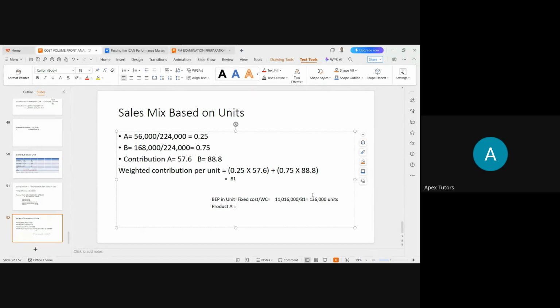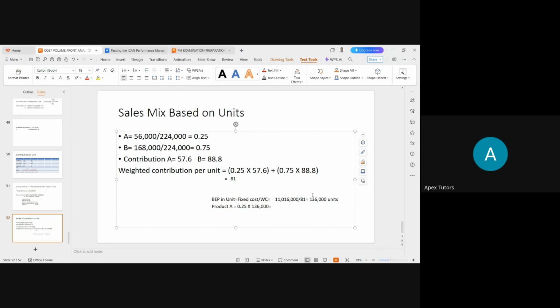Based on the sales mix, how many units do we have to sell in relation to product A to break even? To be what? Based on the sales mix, 0.25 multiplied by what? 136,000.